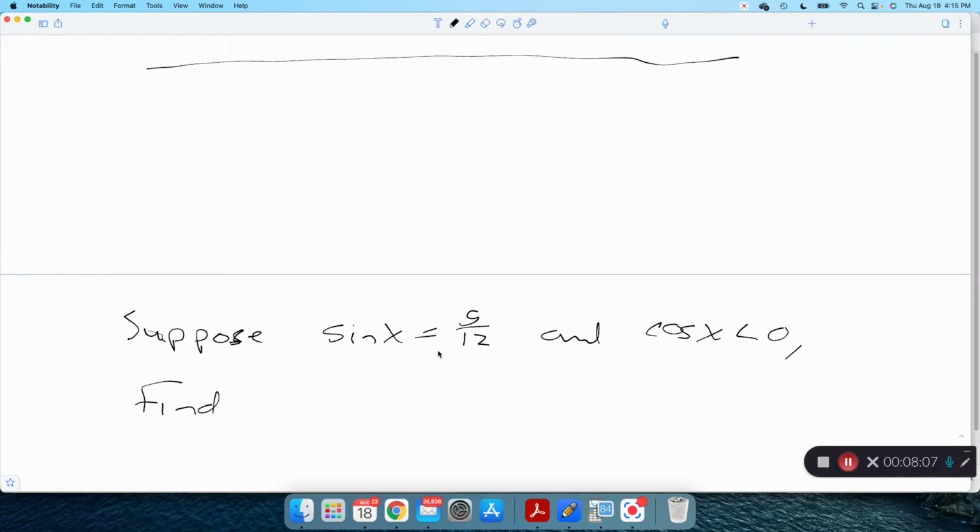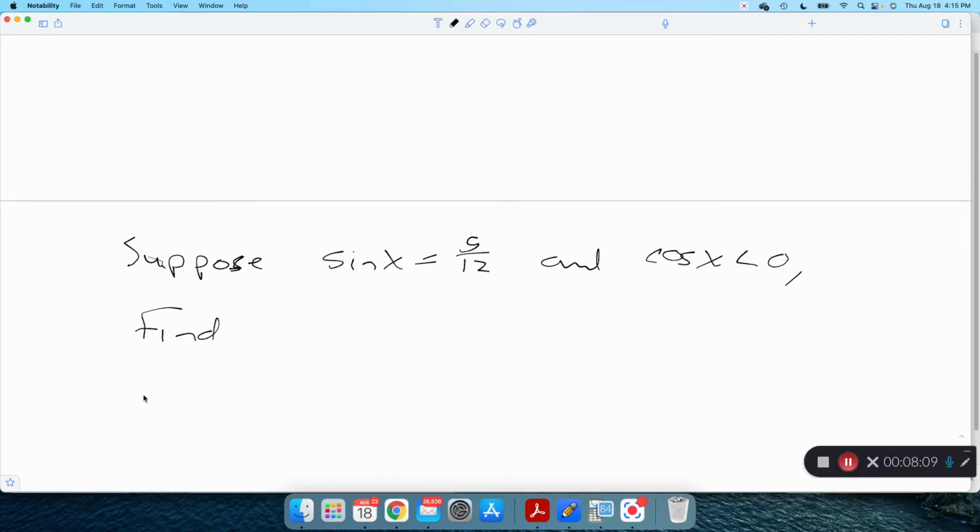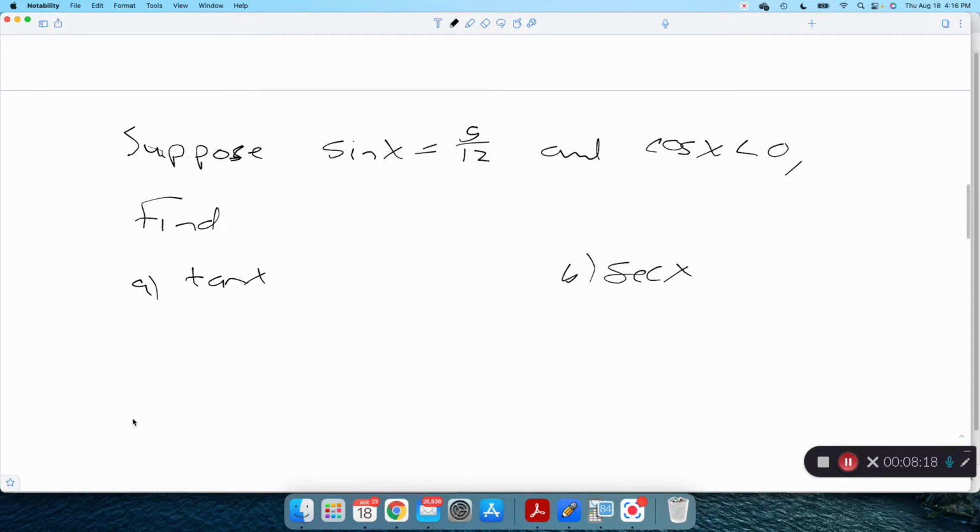Find, let's do a bunch. Let's say tangent of x, secant of x, cosecant of x, and the cotangent of x.